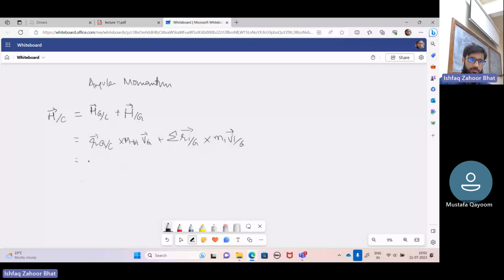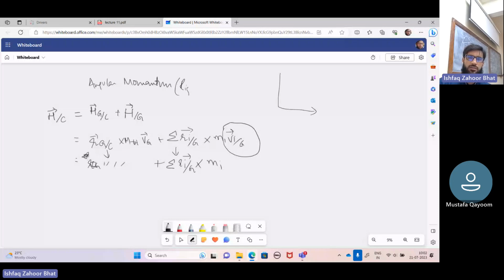Now I can write the first term the same, and the second term as the summation of R_iG cross m_i v_iG.